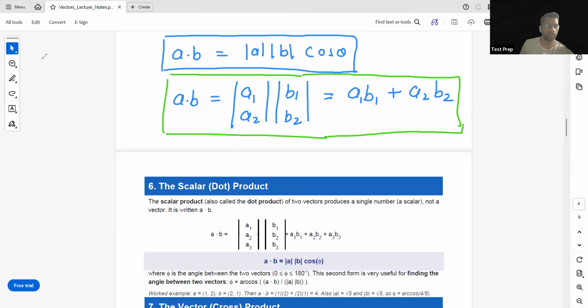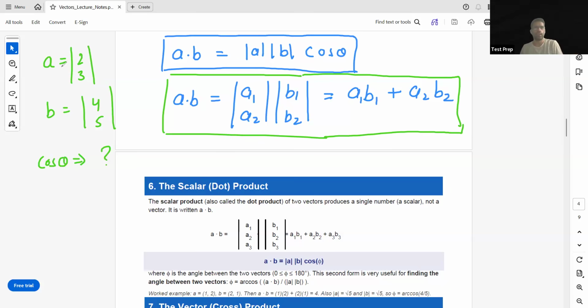Now, if I give you a question: A is equal to 2 and 3, B is equal to 4 and 5. What will be the value of cos theta? Please everyone find out.